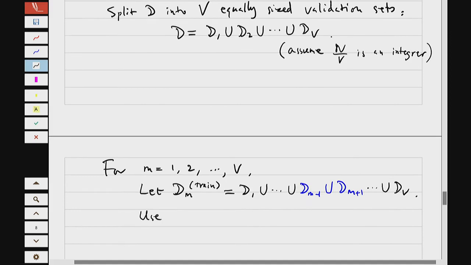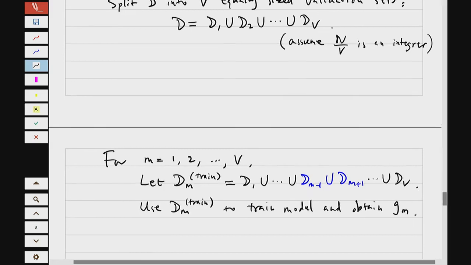And then, of course, you're going to use this one to train the model to obtain a hypothesis that we call G_m.